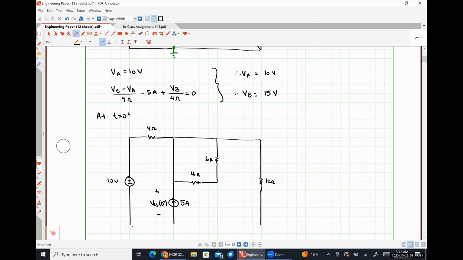I'm going to replace my inductor with a current source having the same magnitude and direction as IL at 0 minus. So I believe that would be this direction with a magnitude of 15/4 of an amp.